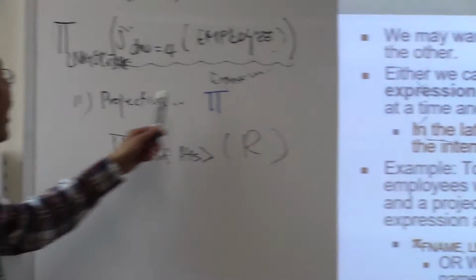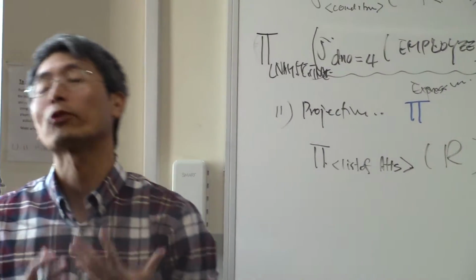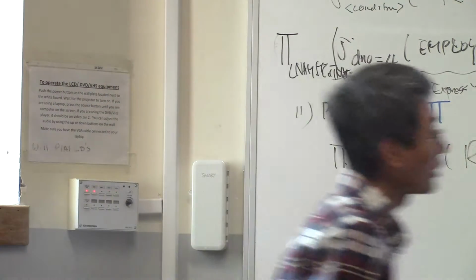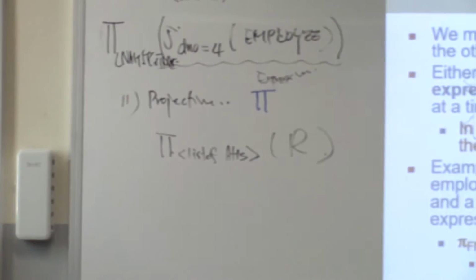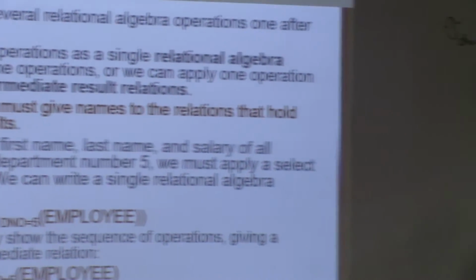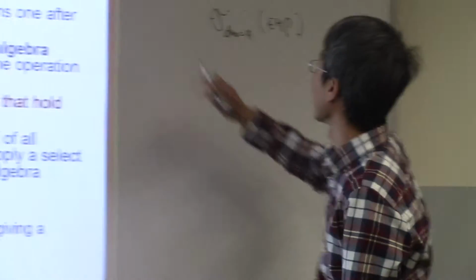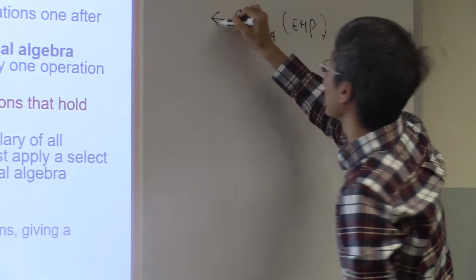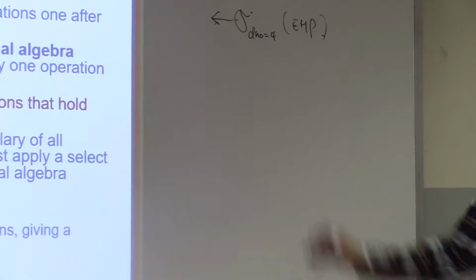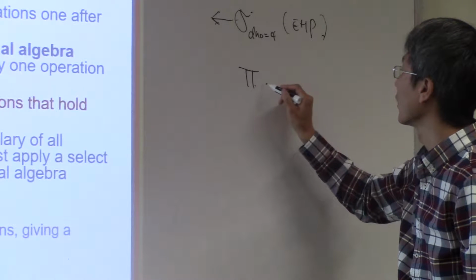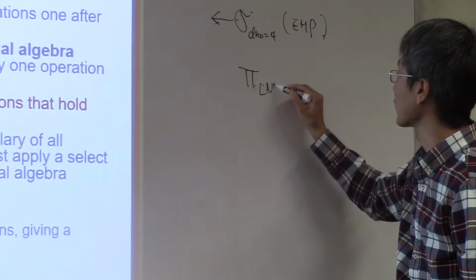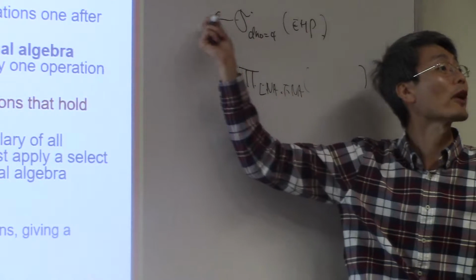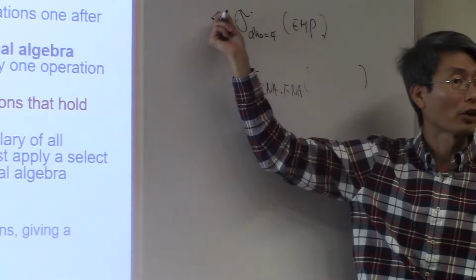We discussed that any output of a relational operation is also a relation. Which means if we make the example, DNO equal to 4 on employee, then instead of the relational expression, I'd like to save this in a temporary space. Then use it for another relational operation, last name, first name. At that time, we'd better have a specific name for this.